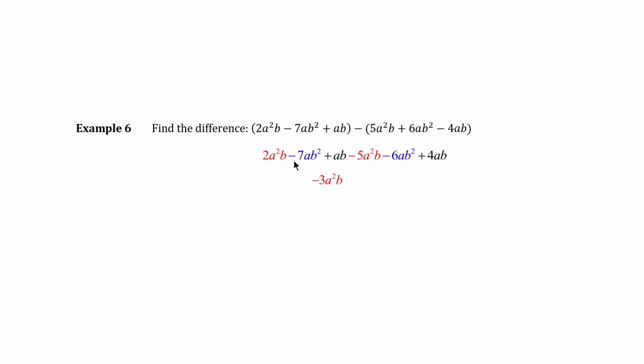Next, we have negative 7ab squared minus 6ab squared is negative 13ab squared. And then finally, we have plus ab plus 4ab is positive 5ab. The final result is negative 3a squared b minus 13ab squared plus 5ab.